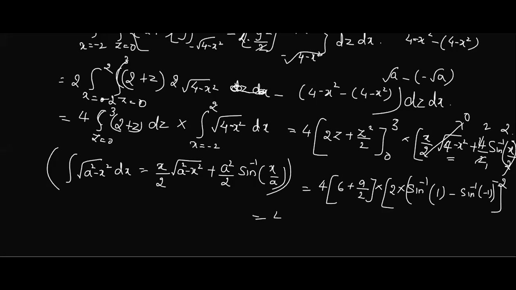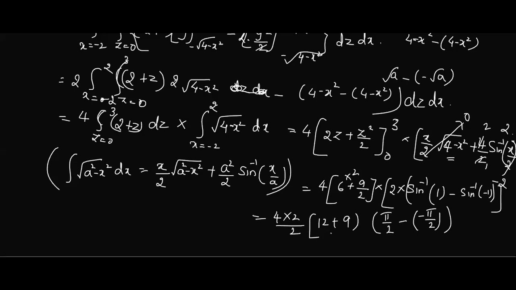So the answer is 4 into 2. LCM for this is 2. If you take LCM, this 2 I have already written, so I should multiply by 2 here. 6 2s are 12 plus 9. What is sin inverse 1? This 2 I have already taken here. What is sin inverse 1? 90, and 90 degrees means pi by 2. Minus, sin inverse of minus 1 is minus pi by 2.